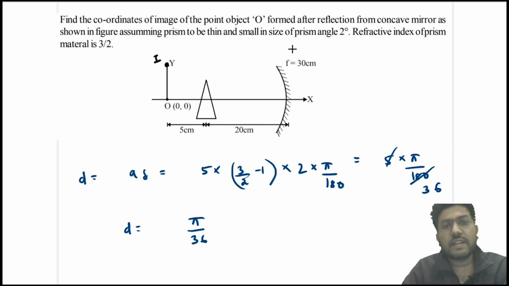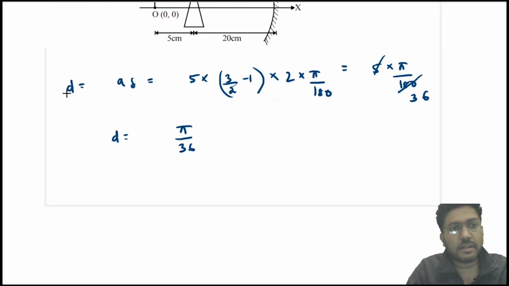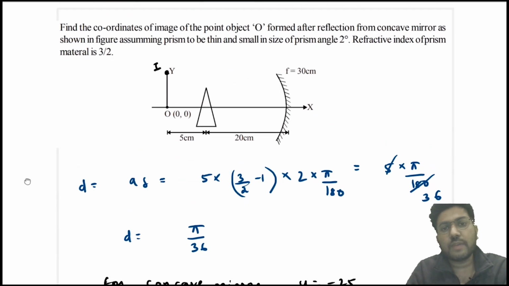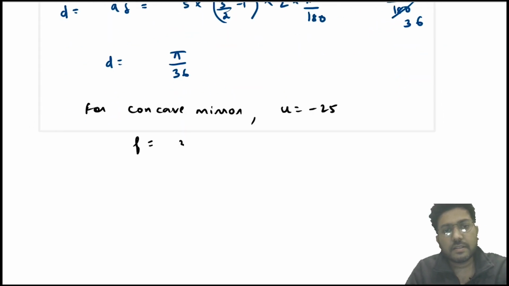Now this image will act as object for the concave mirror, and for the concave mirror you can see that the object distance will be 25 centimeter, right? So I will write u is equal to, for the concave mirror, u is equal to minus 25. The focal length is given as 30 centimeter.